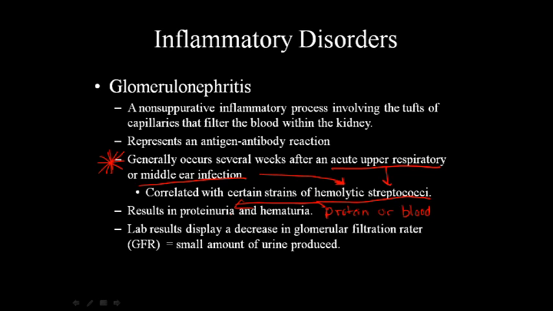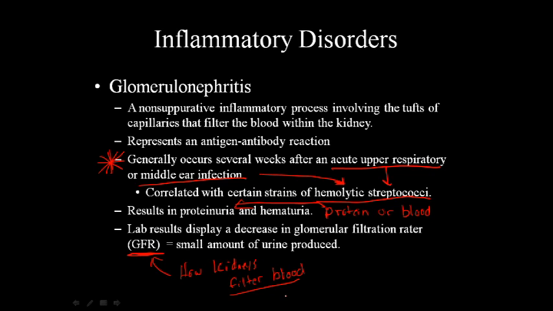Lab results display a decrease in glomerular filtration rate. We talked about GFR in some respect, and GFR is going to be basically how your kidneys filter the blood. So you want to keep that in mind. If you have an increase in glomerular filtration rate, that's great.